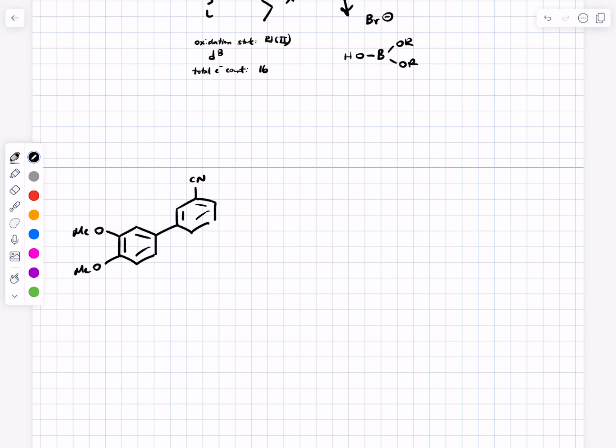And if you see a bond between two aryl carbons, you need to be thinking, I could have made that via the Suzuki reaction. And you can think your way backwards to some potential candidates.